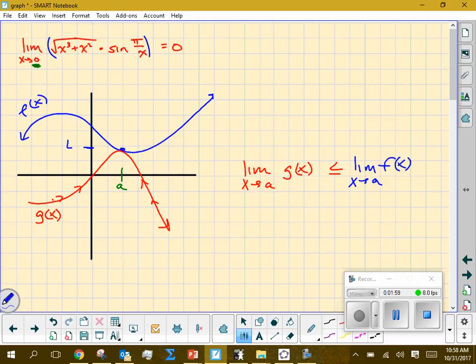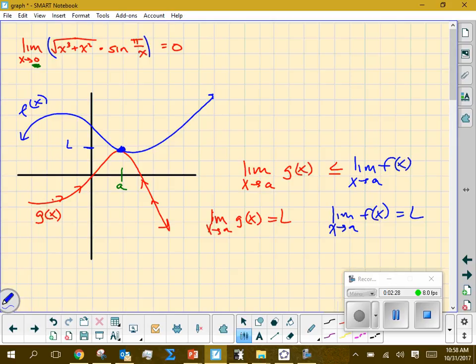But at a, both of those are L. So I'm just going to rewrite this down. The limit as x approaches a of g of x ends up being L, and the limit as x approaches a of f of x is also going to be L, because when we get to a, they both have that same y value.